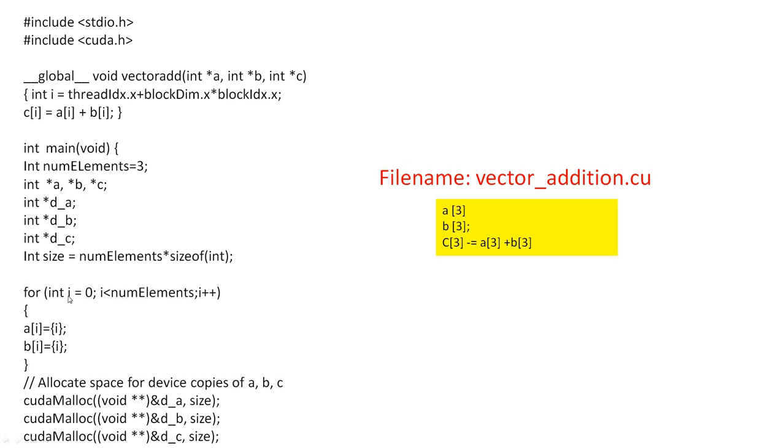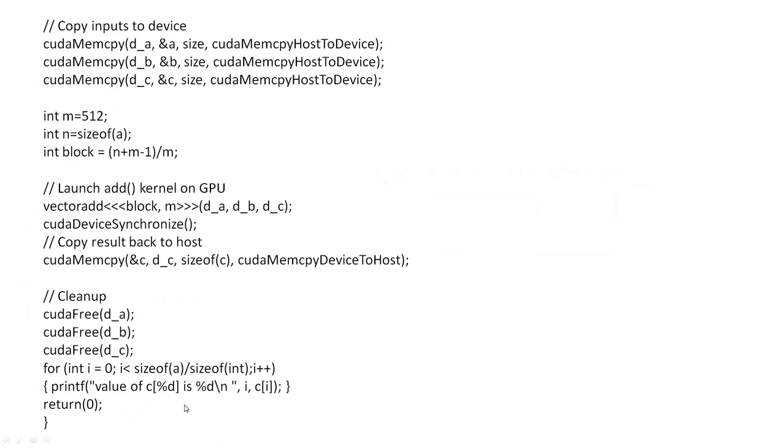So the same thing, you are allocating memory, you are initializing A[0] by 0, A[1] by 1, A[2] by 2, like that. You can initialize the values by simple serial code. Then you are copying A, B, C into the device memory, and using M equal to the number of threads per block, 512, though we don't need so much, and we have fixed M as 512 and N is whatever the size of A, and the number of blocks is calculated this way.